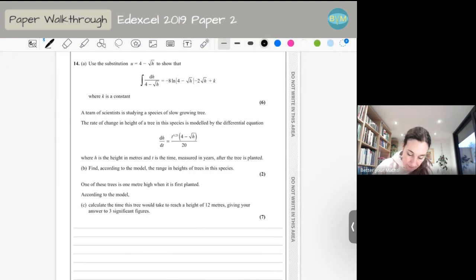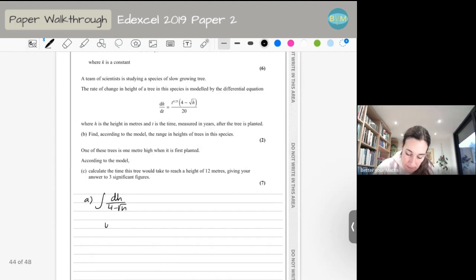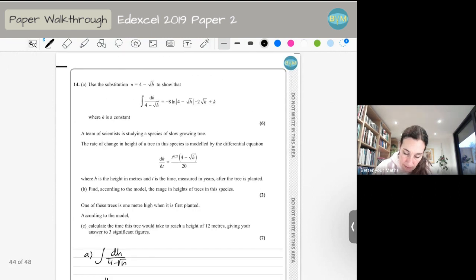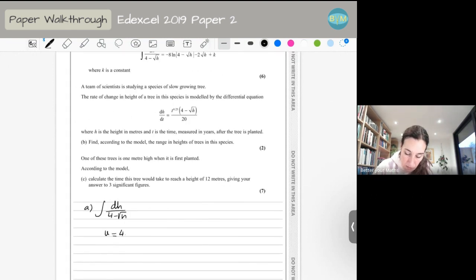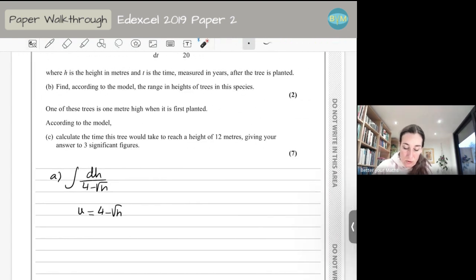So we have the integral of dh divided by 4 minus root h, the dh already is written, sorry, and the change is u equal to 4 minus root h, so our denominator. Remember, when we do substitution, we will need to find dh. We need to substitute everything in the integral, instead of with h, with u.